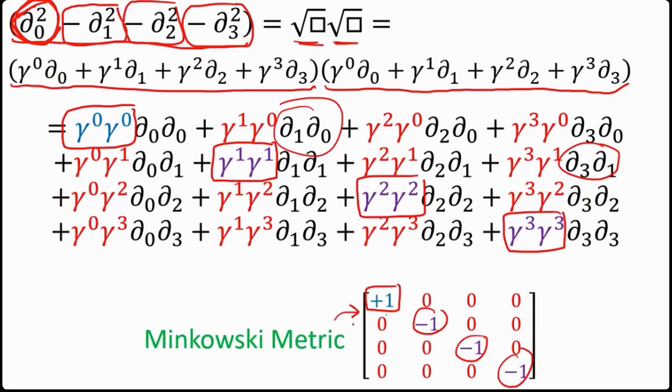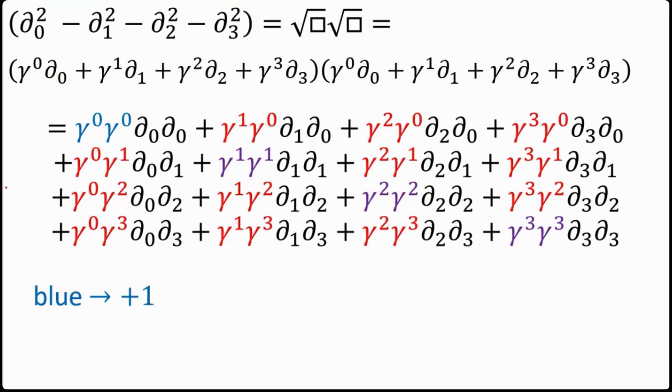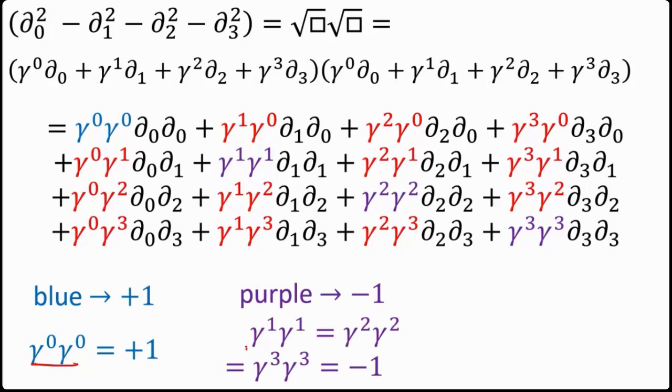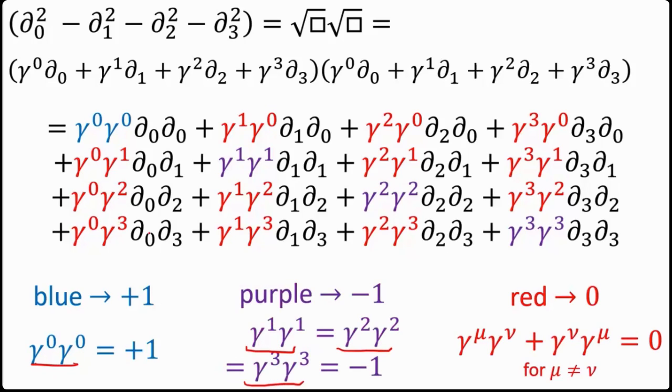Yeah, it seems like one of the possible solutions to me. Okay, so moving forward with this idea, we want the blue term to be plus 1, gamma 0 times gamma 0. We want the purple terms to be minus 1, so gamma 1 squared, gamma 2 squared, and gamma 3 squared. And for the red terms to go to 0, one solution is that we just make them anti-commute, so gamma mu times gamma nu plus gamma nu times gamma mu equals 0.